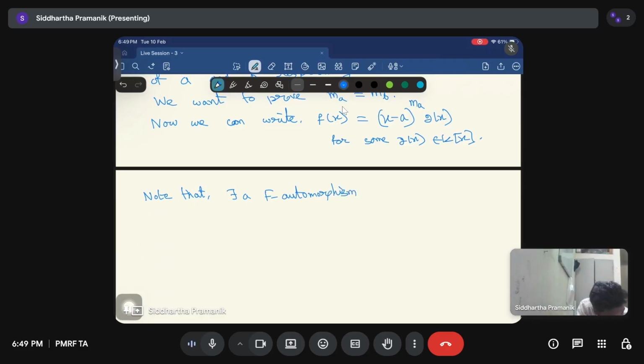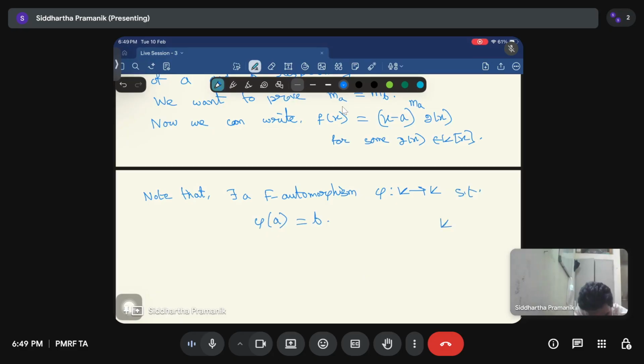So there exists an F-automorphism of K. Let's put a name for this: phi from K to K such that phi of a is equal to b.